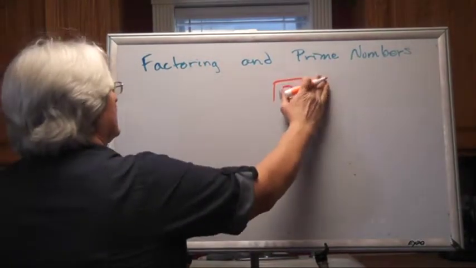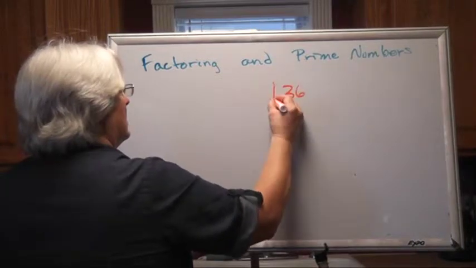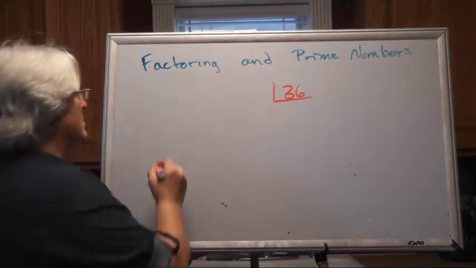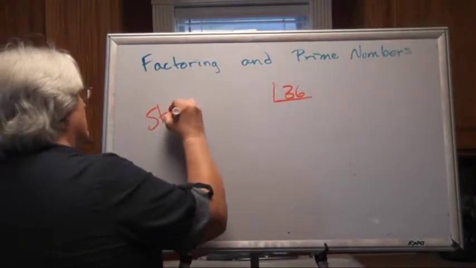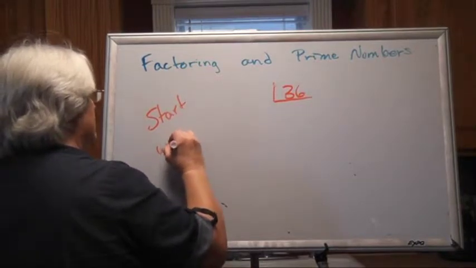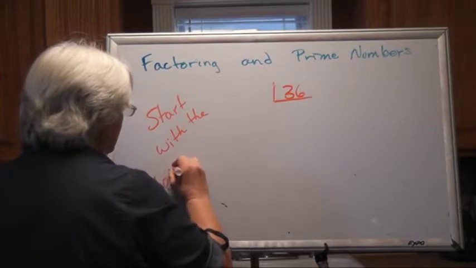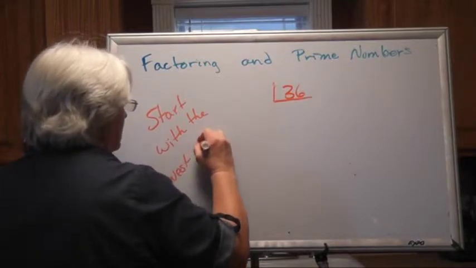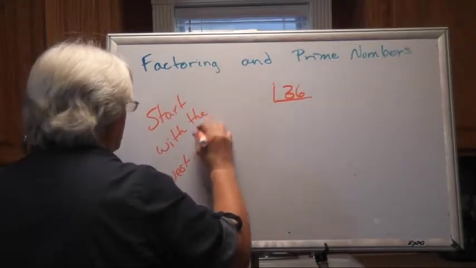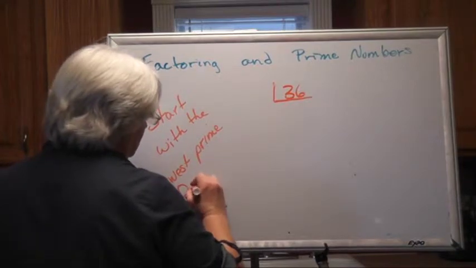Well, I'm going to do upside down division. And I'm going to start always with the lowest prime number that will factor evenly into it.